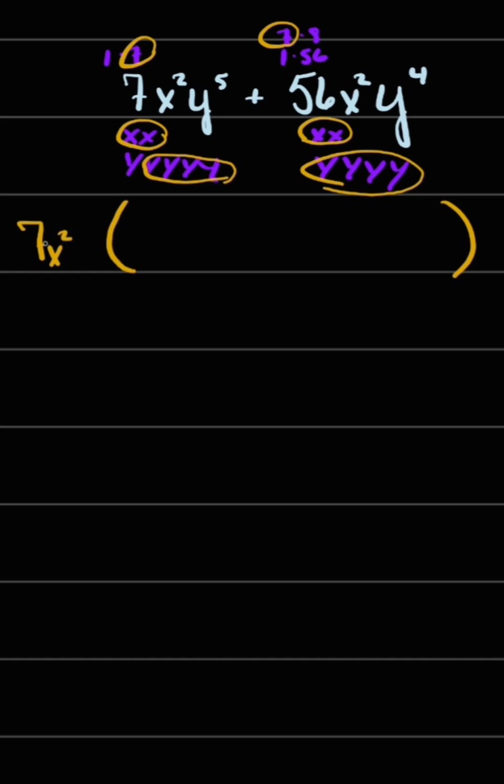What's left over? 7 divided by 7 is 1. And we have no x's left over. We only have a y. 56 divided by 7, when we take out the 7, we have a plus 8, positive 8. We took out both x's, and we take out all the y's.